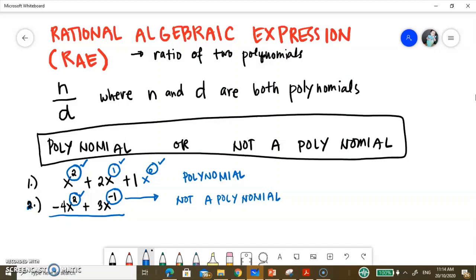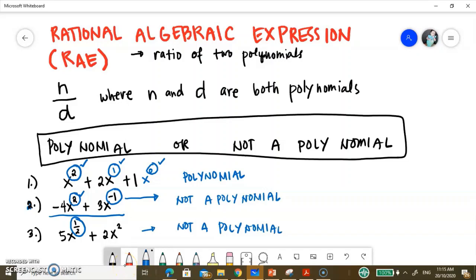Okay? Like this one. If you are given, say, 5x raised to 1/2 plus 2x squared. Okay? If you look at our first term here, the exponent of x is a fraction. Right there, you could already say that this is not a polynomial.